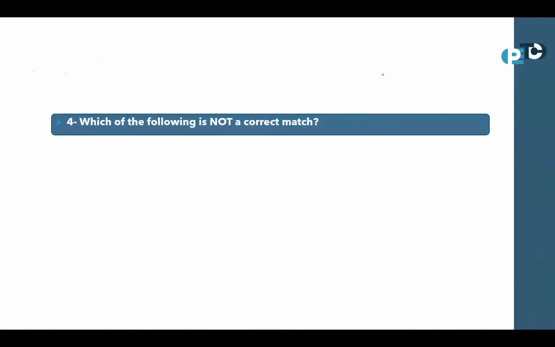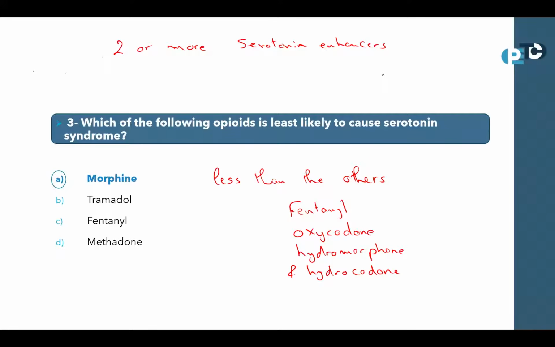Sir, please, what if the question comes vice versa, like the most likely to cause serotonin syndrome? Most, you'll have the methadone. If the question is changed to be the most instead of least, through those choices, we have methadone.